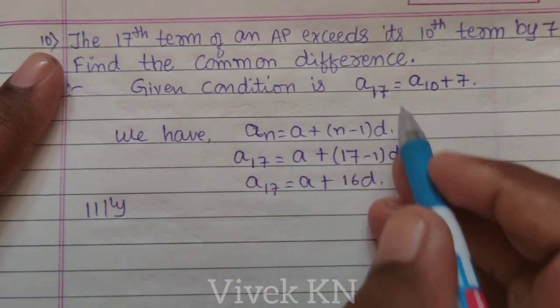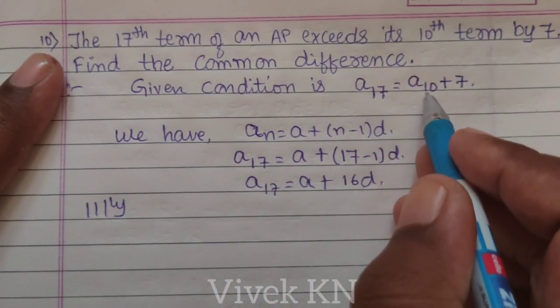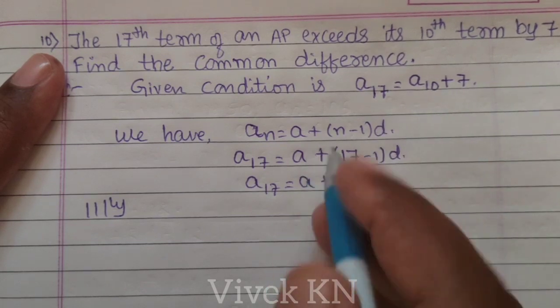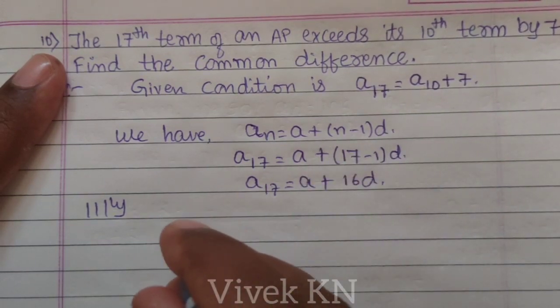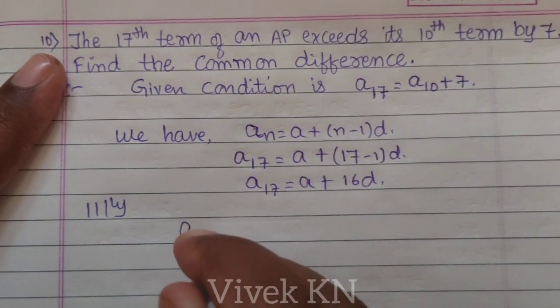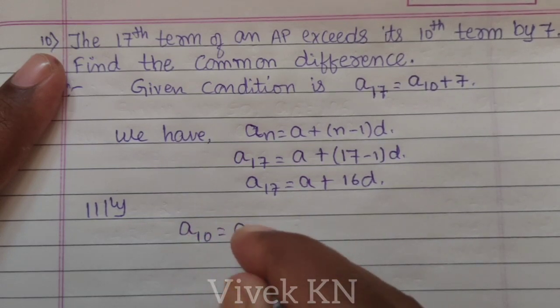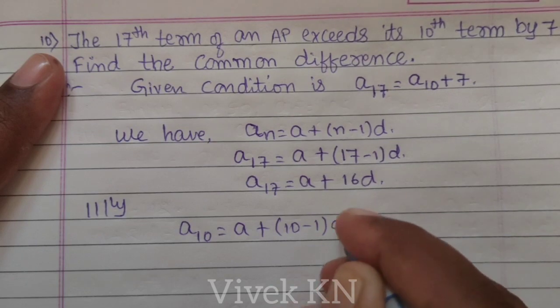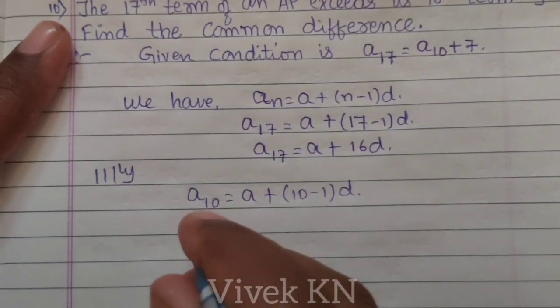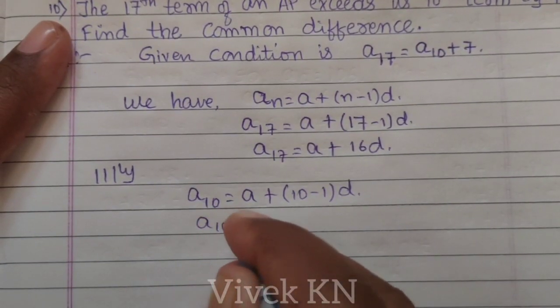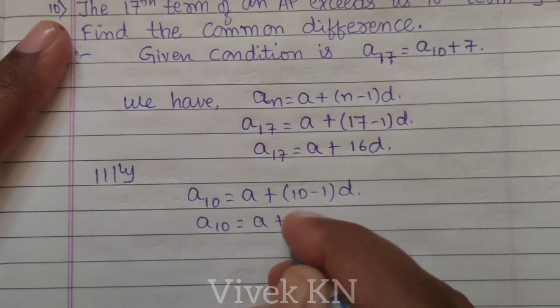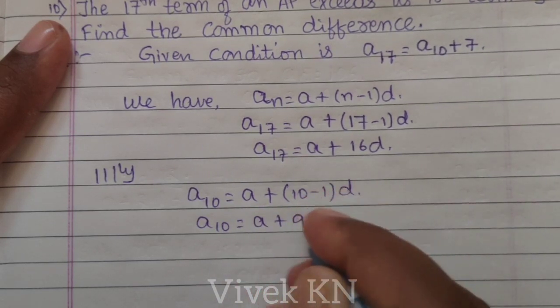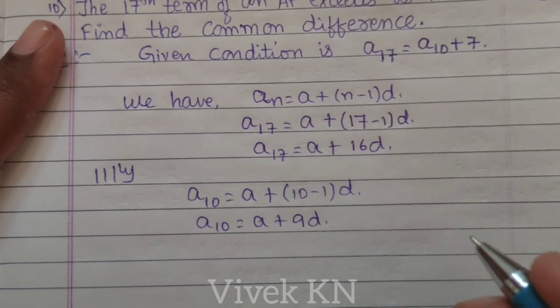Similarly, substituting n is equal to 10 in this formula, we can write A10 is equal to a plus 10 minus 1 into d, that is A10 is equal to a plus 10 minus 1, 9 into d.